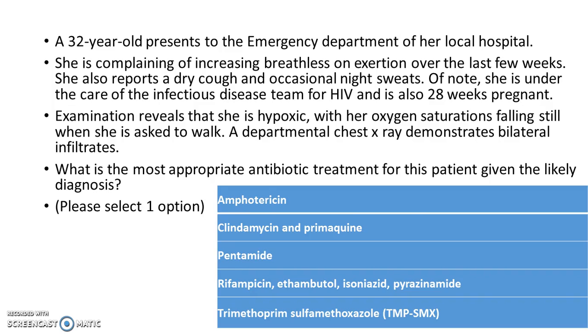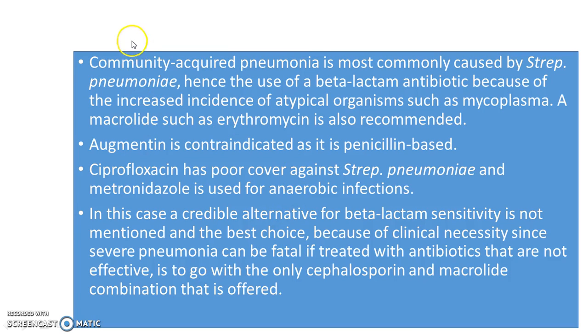So this is the explanation for the case. Community-acquired pneumonia is most commonly caused by strep pneumoniae, hence the use of a beta-lactam antibiotic. Because of the increased incidence of atypical organisms such as mycoplasma.